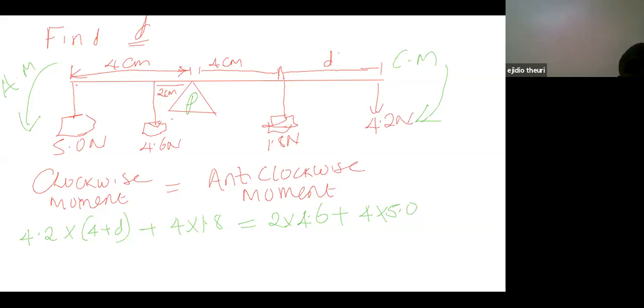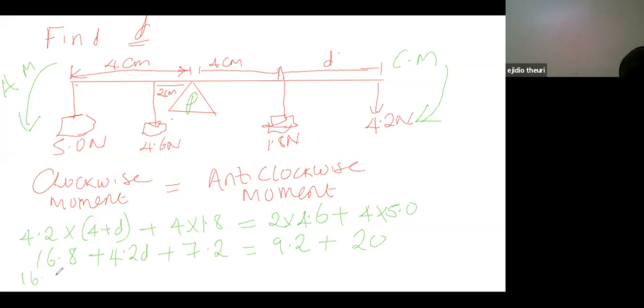That is so easy. 16.8 plus 4.2D plus 1.8 times 4, which is 7.2, is equal to 4.6 times 2, which is 9.2, plus 4 times 5.0, which is 20. So 29.2.